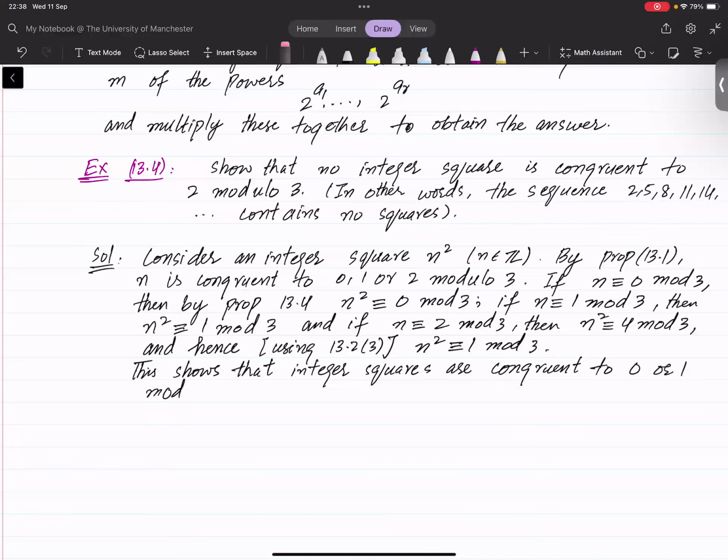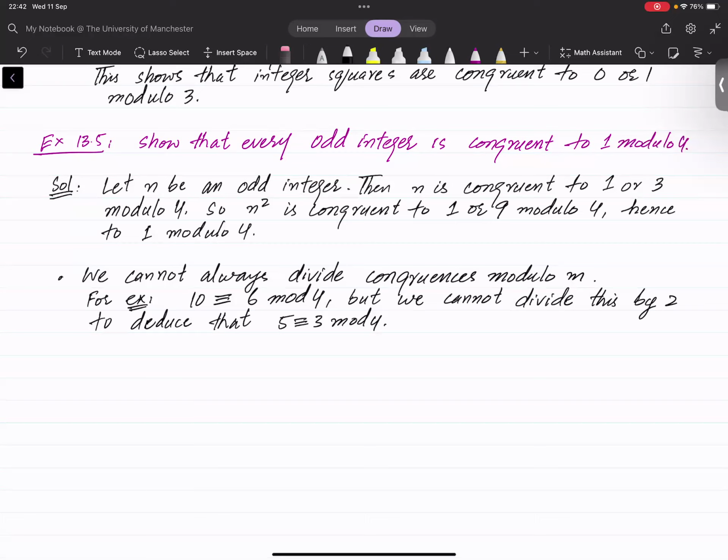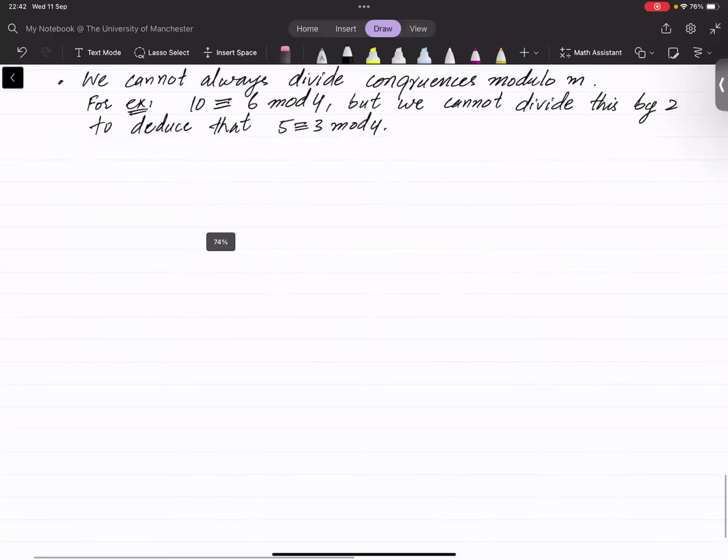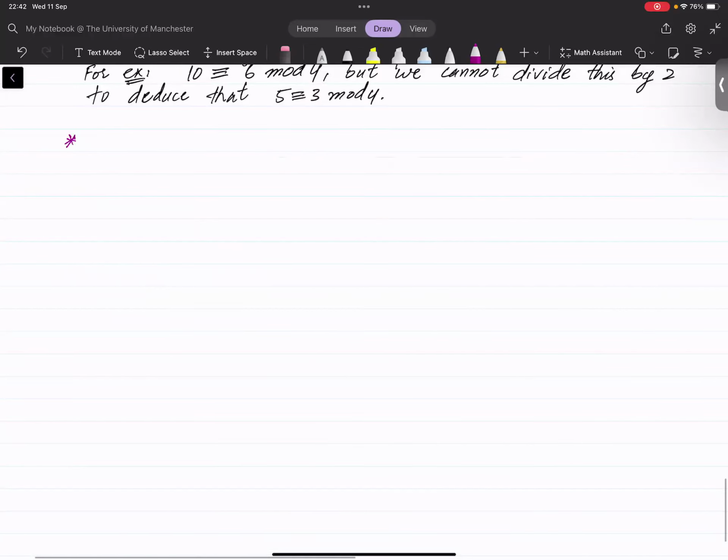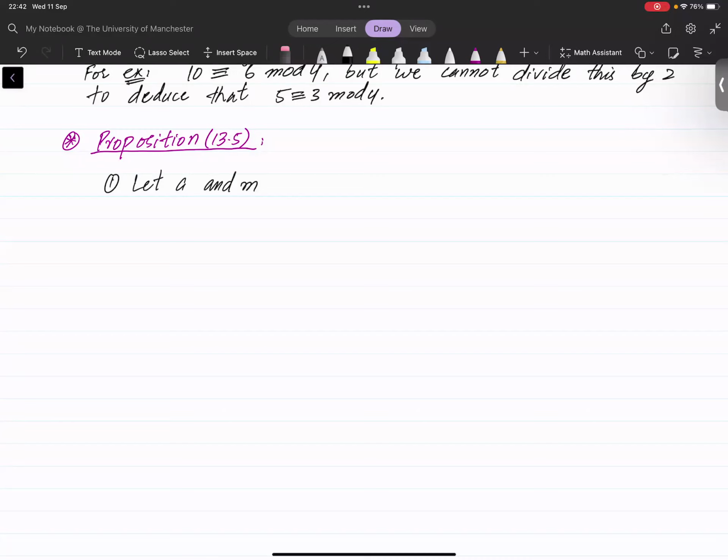However, the next result shows that there are some circumstances in which we can divide congruences. So let's talk about those circumstances by providing this result. Proposition 13.5. Number 1 says, let a and m be co-prime integers.